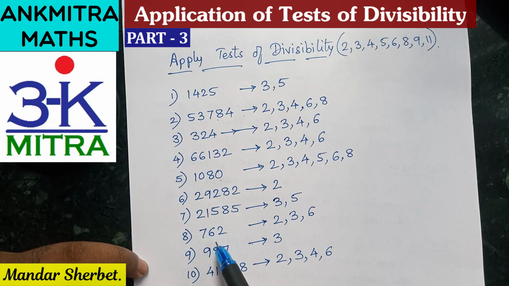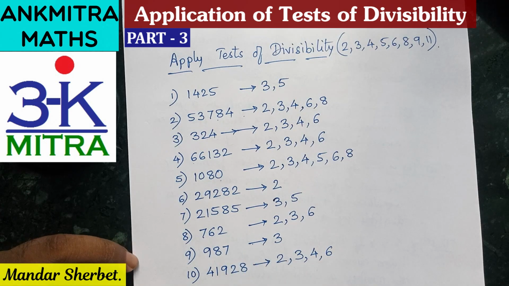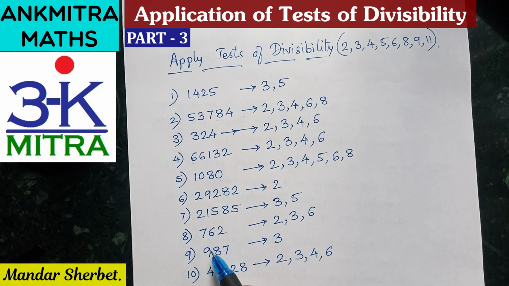The next one is 762. Now for 762, it will be like 8, then 80, all multiples of 80. Let's reach the nearest multiple of 80 to 762. So 80, 160, then 240, 320, 400, 480, 560, then 640, and then 720. 720 is a multiple of 8.